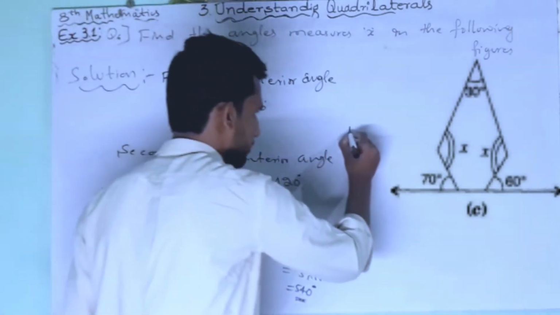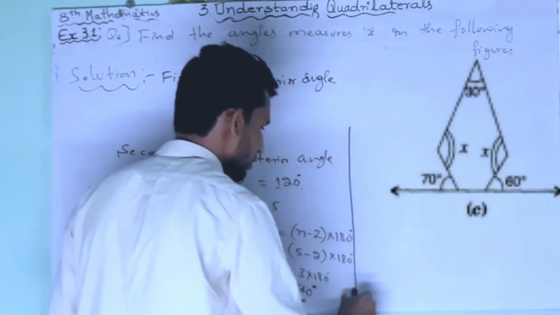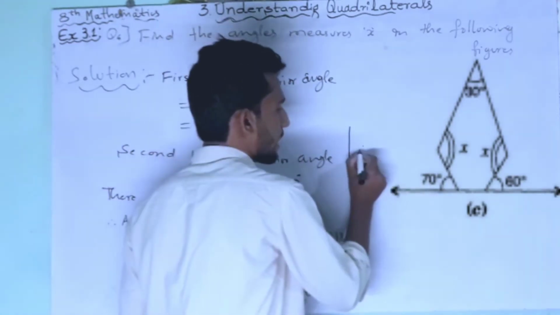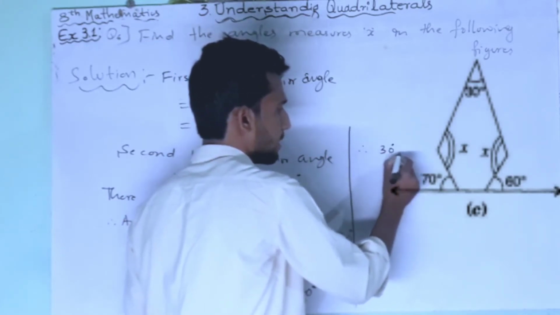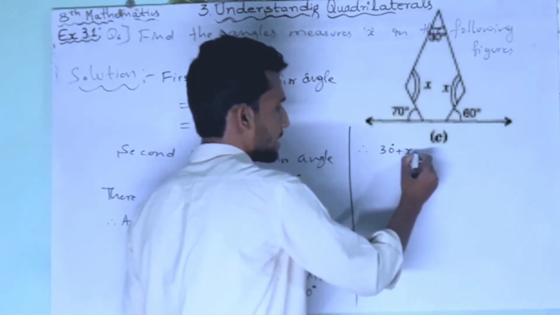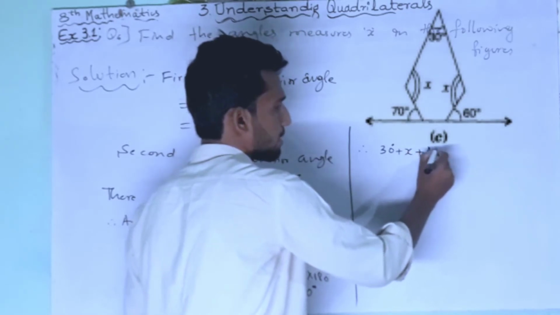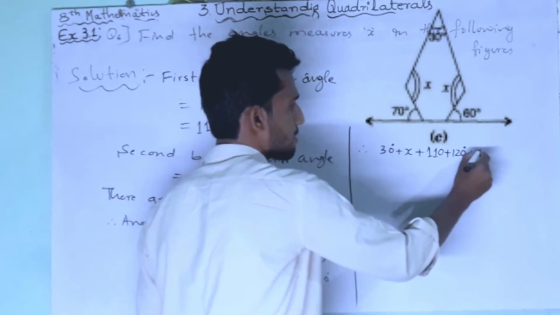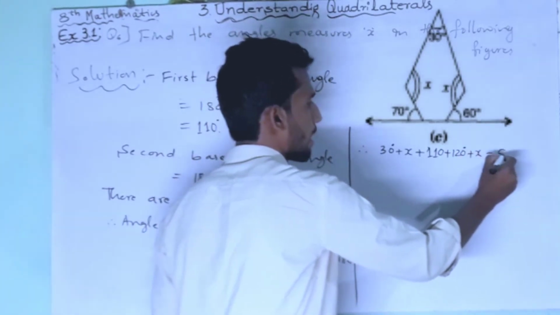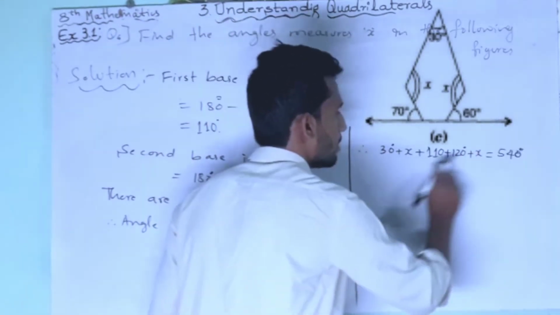Now next point. Now you can write, therefore, see the angles given here: 30 degree plus x plus 110 degree plus 120 degree plus x is equal to 540 degree.